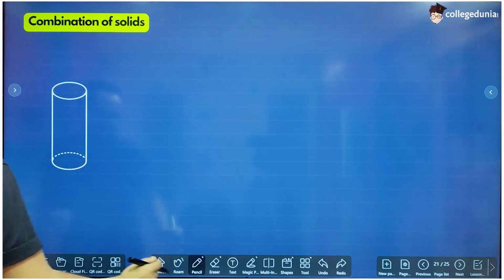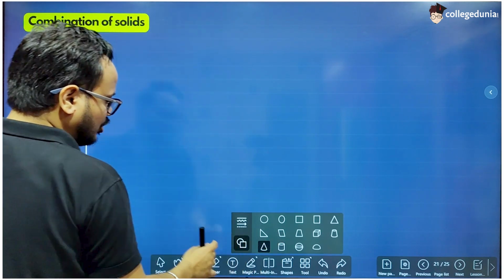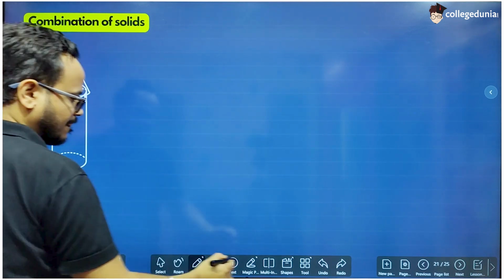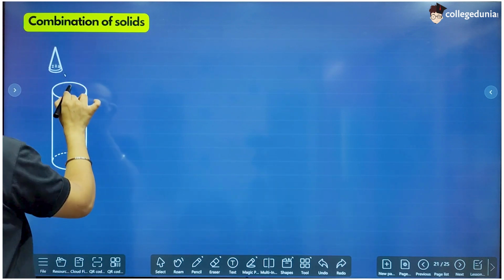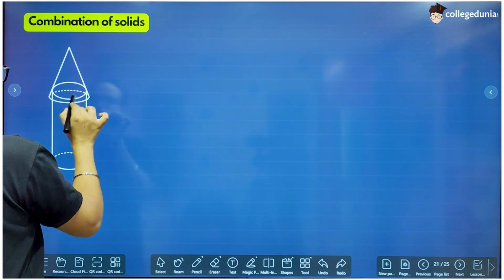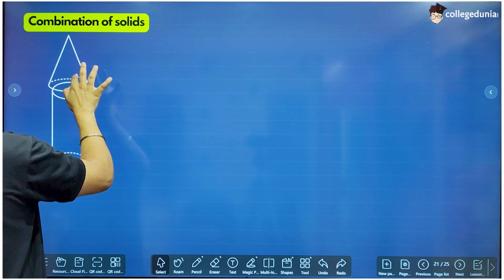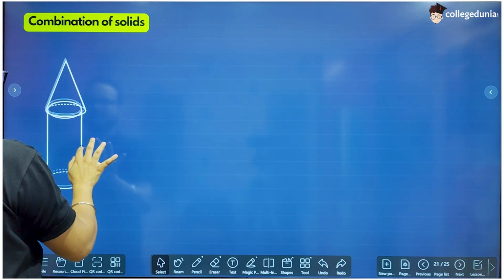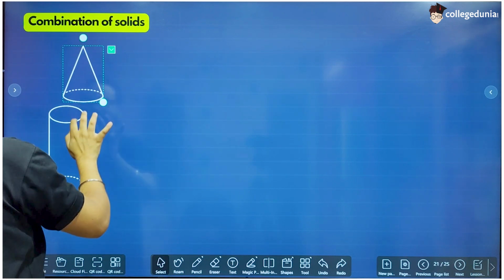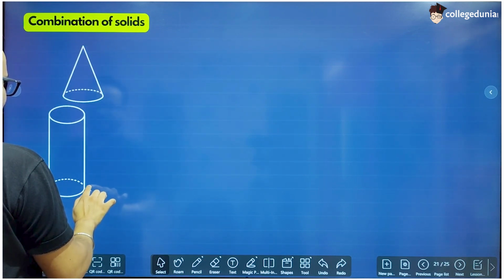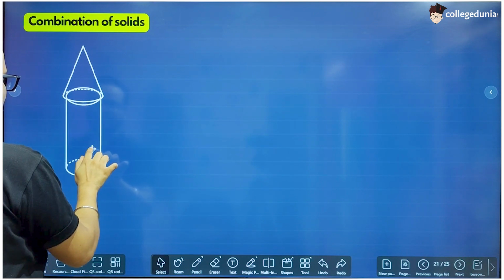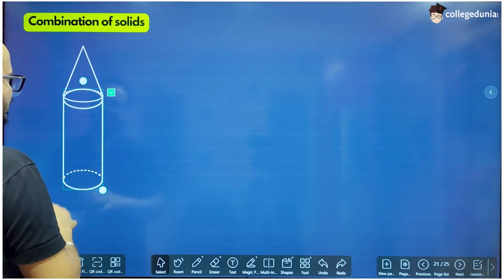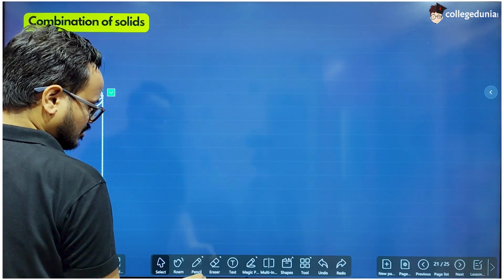Suppose I have this cylinder, and on top of this cylinder I have placed a cone like this, such that the diameter of the cone and the diameter of the cylinder, they both are same. Okay, I'll make it using hand.